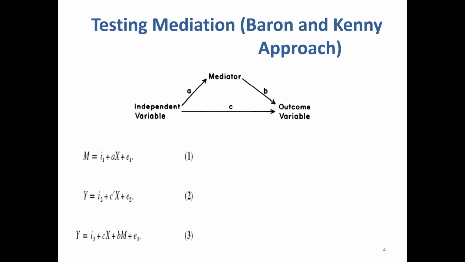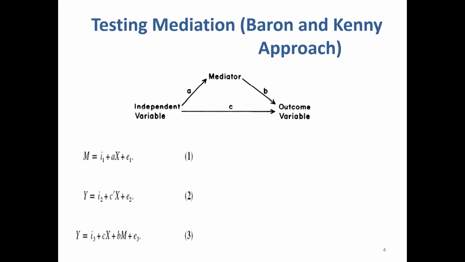So we run the equation with the mediator as the Y and the independent variable as X, and test whether path A is significant or not. Second is the direct effect, with Y as the outcome variable and X as the independent variable. Third is the equation where you take both the mediator and the independent variable affecting the outcome variable Y. So Y, we have looked at with CX and BM.